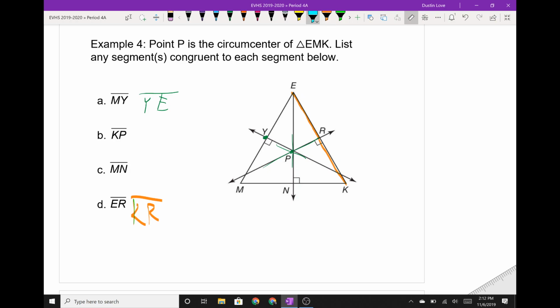Okay, how about MN? Exact same logic as before. NK. It'd help if I could actually say and write the same things.